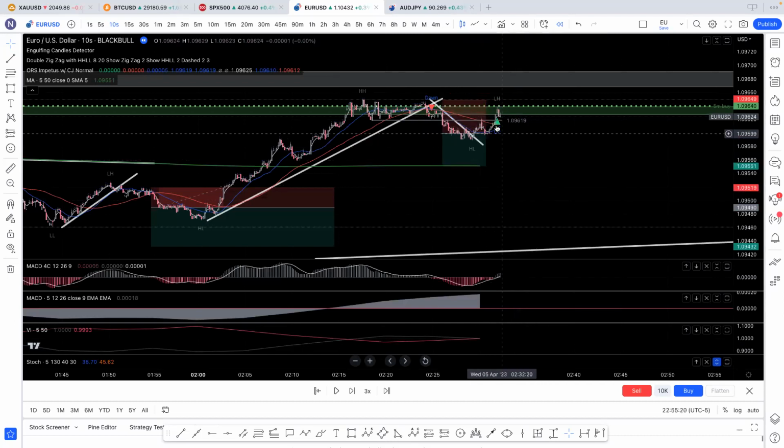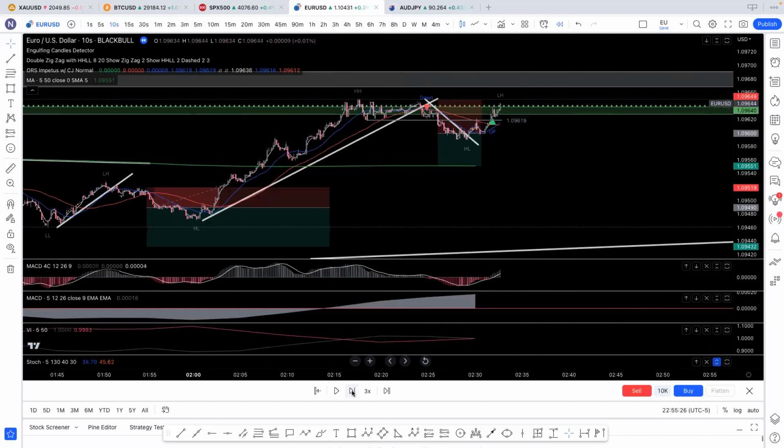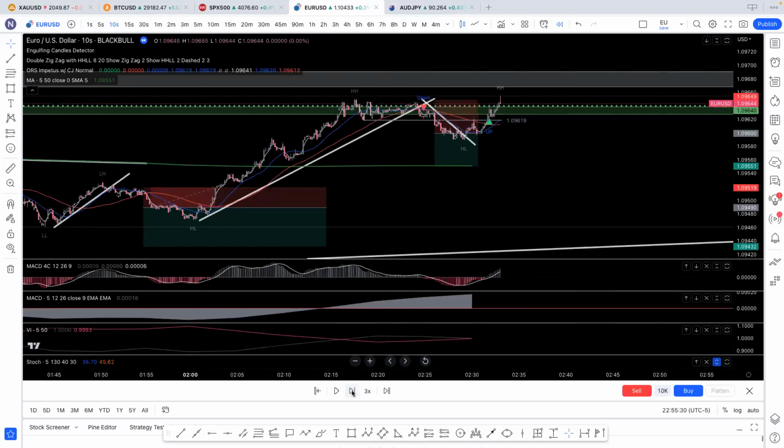Okay, and I also have the up arrow. I'm just going to let it cross this zone, see what happens. Okay, so price has closed above this impetus level, so I am going to go in for a small buy.